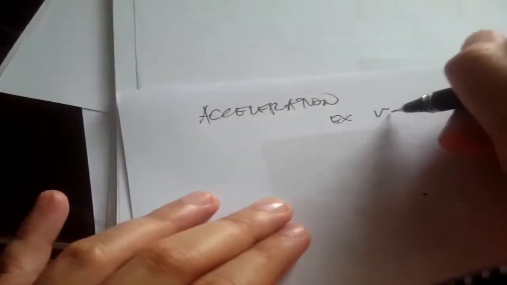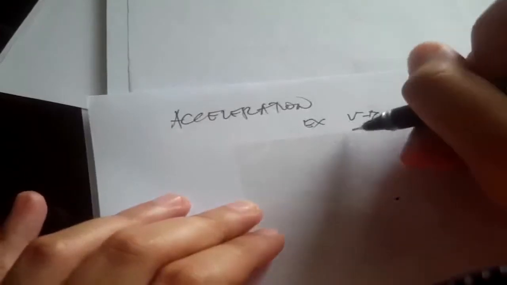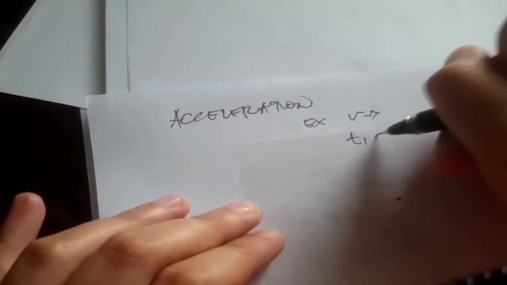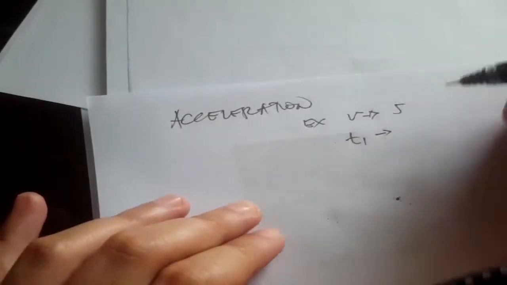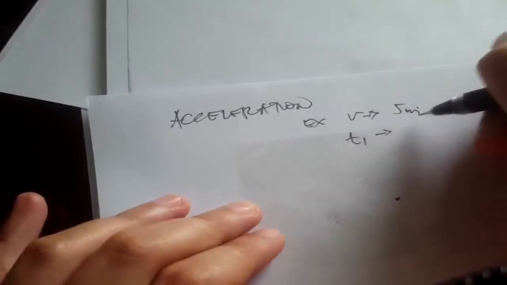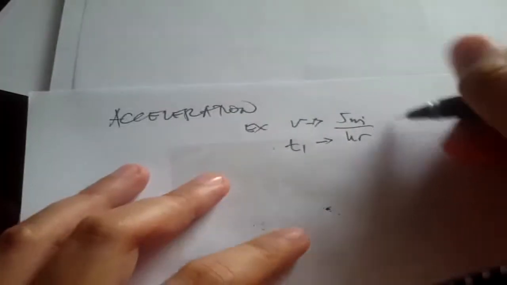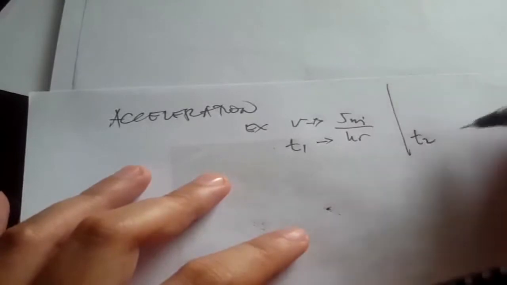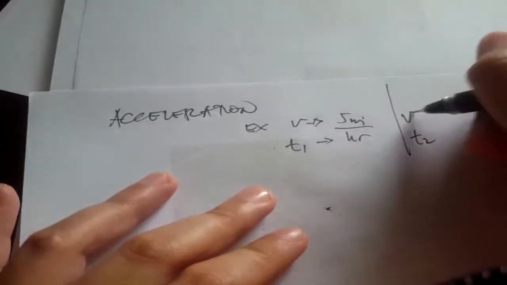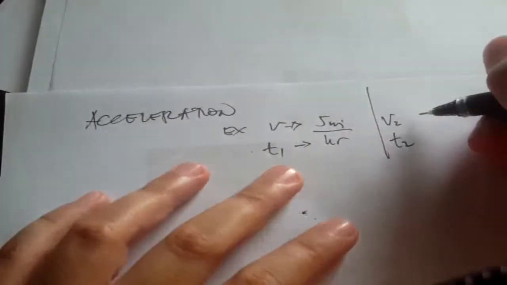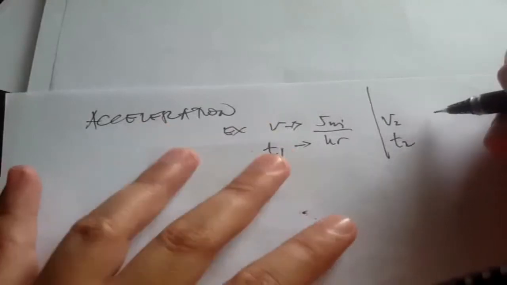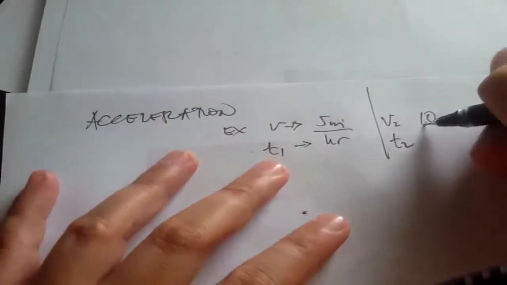Example, your velocity at time 1 is 5 miles per hour. At some time 2, there is a change in velocity from 5 miles per hour. You speed up the car, for example, to 10 miles per hour.